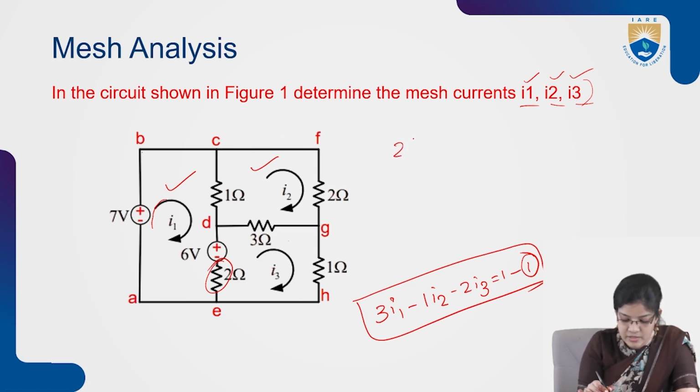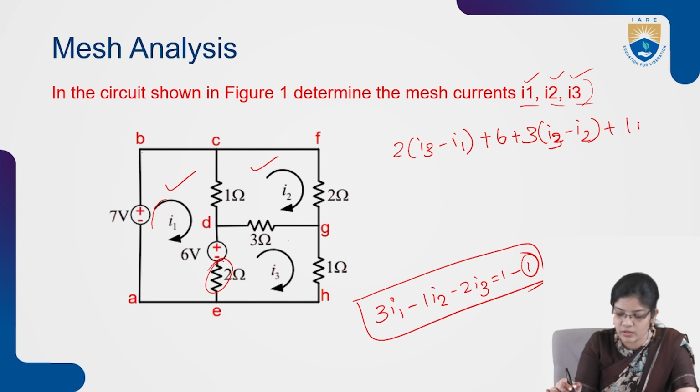With respect to I3 I'm calculating, so I'm taking I3 first: 2 of I3 minus I1, plus 6, plus 3 of I3 minus I2, plus 1 I3 equals 0.